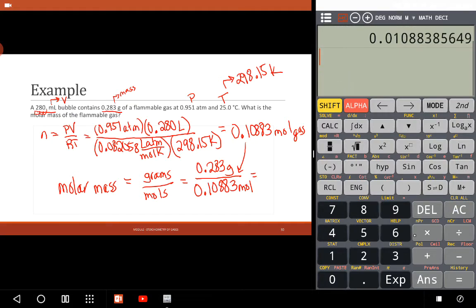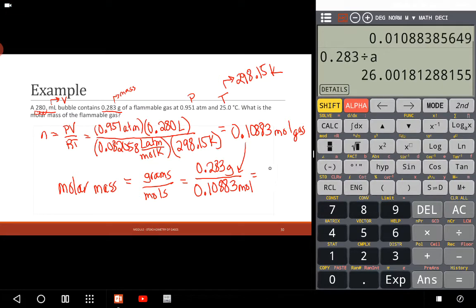Now I can hit clear and do 0.283 divided by my moles, and that tells me my molar mass is 26.0 grams per mole. I just need 3 significant figures because that had 3, 3, 3. Lots of things have 3 sig figs, so just 3 significant figures there. And so there's my molar mass of my gas.